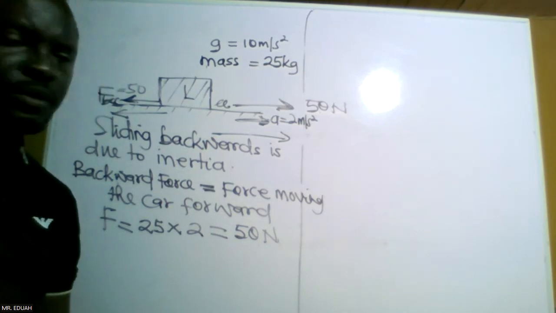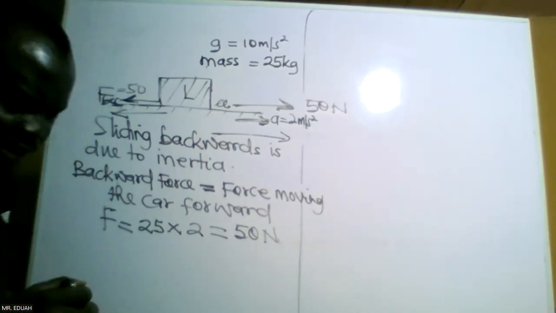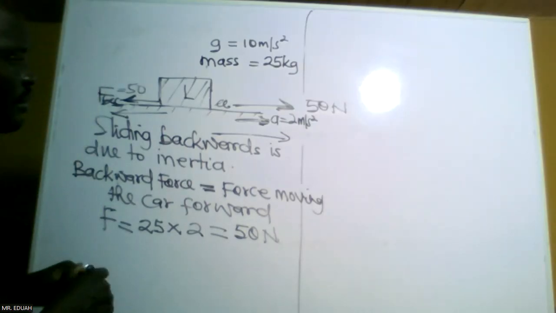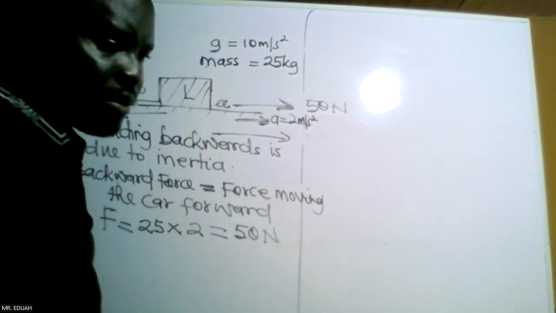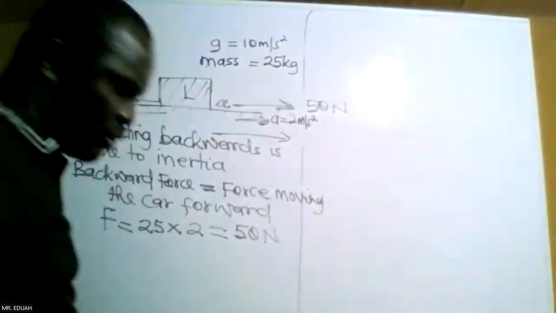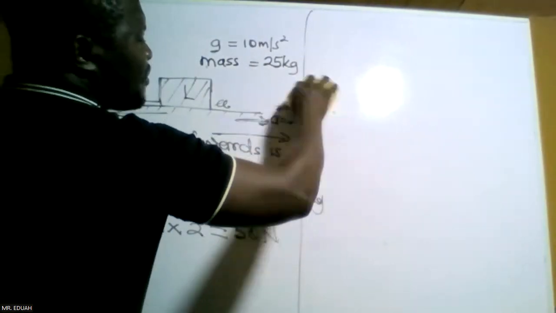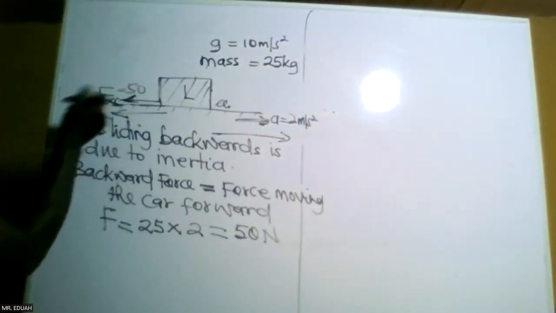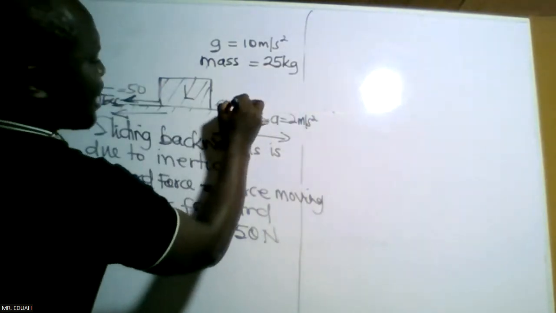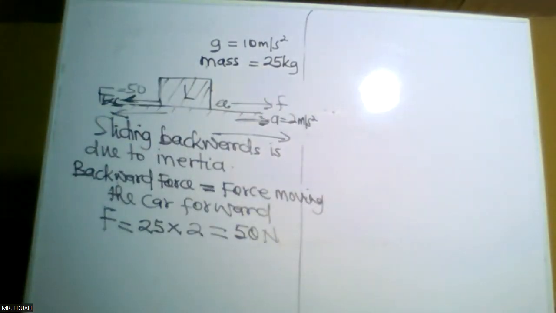To the right. Why to the right? Because frictional force opposes the applied force. So here we are looking at the motion of the body or the load. So if the load is moving backwards, the frictional force would act oppositely.